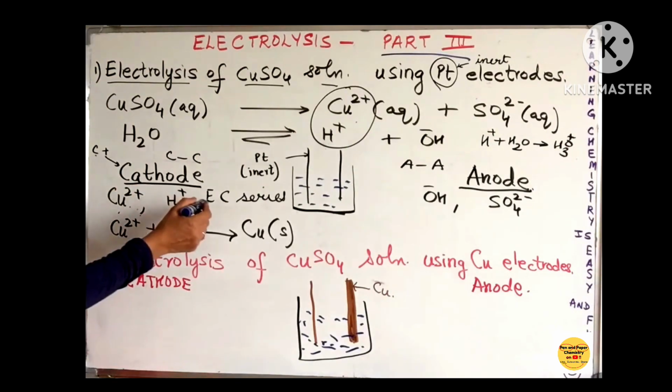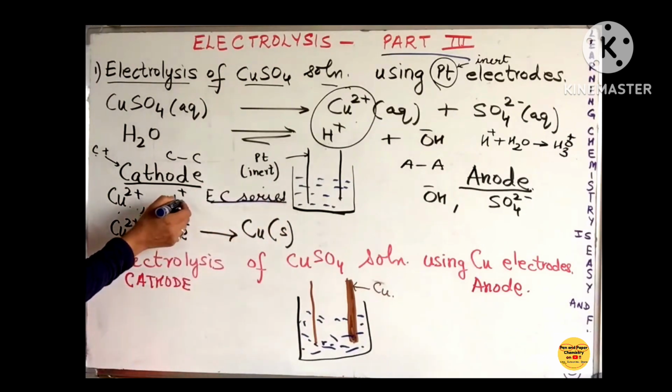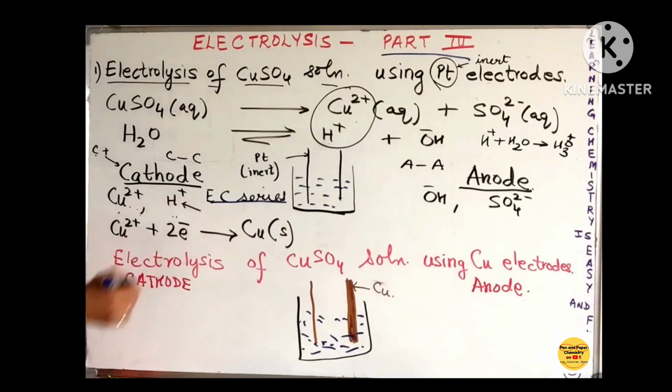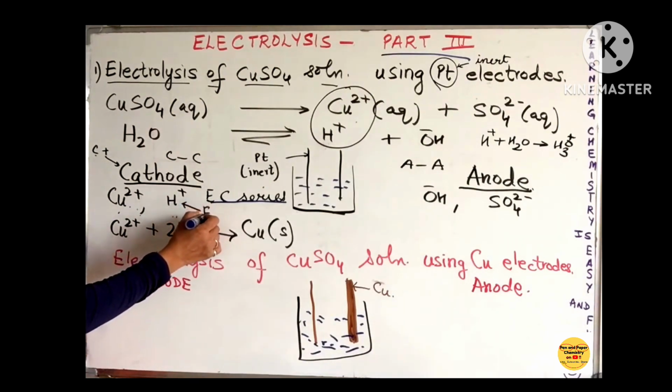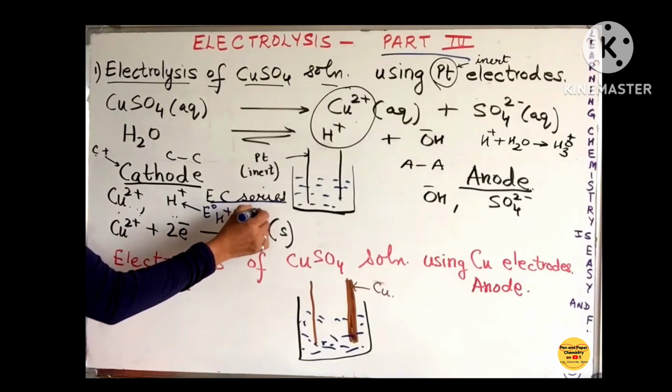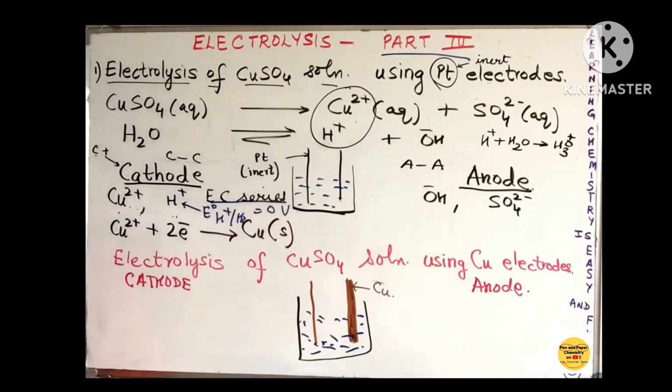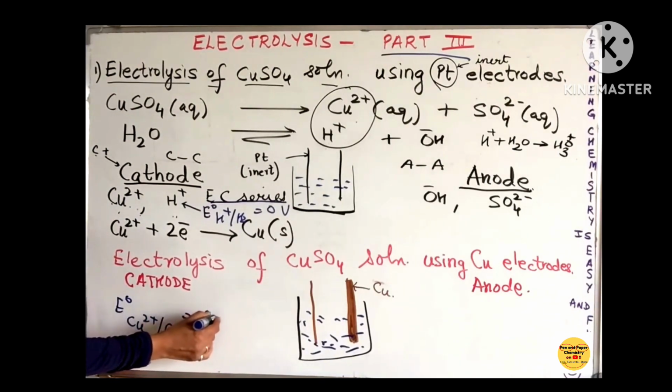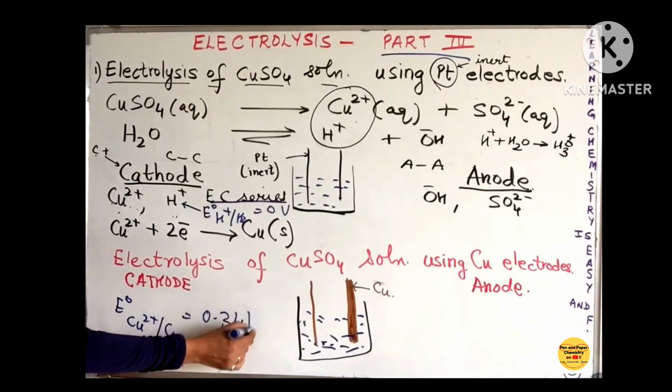And in that EC series, if you recall what we have done in electrochemistry, the reduction potential of hydrogen is 0 volts, right? Whereas the reduction potential for copper, E naught Cu2+/Cu, is 0.34 volt.